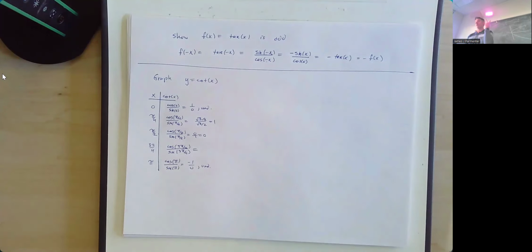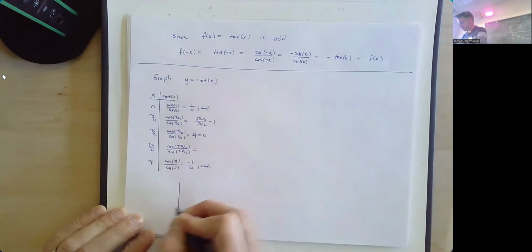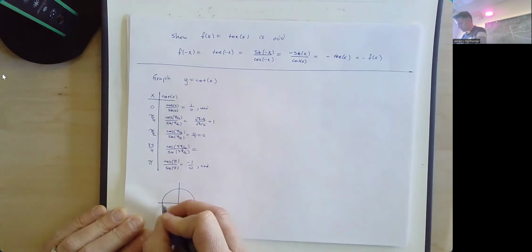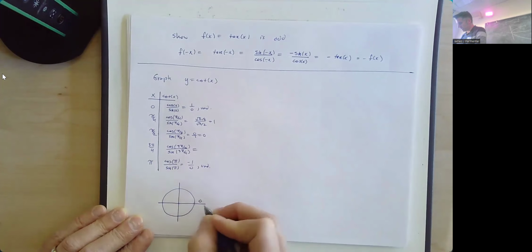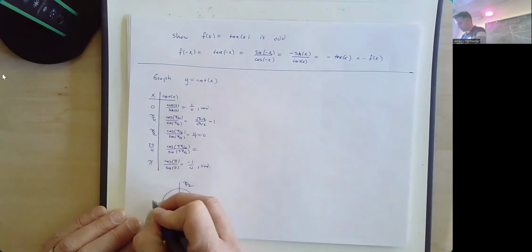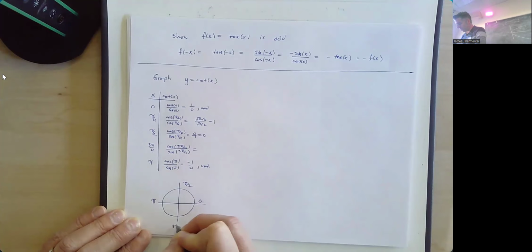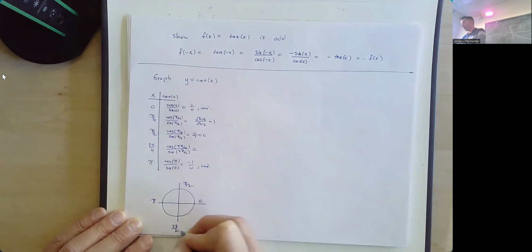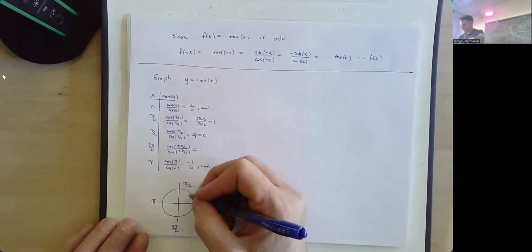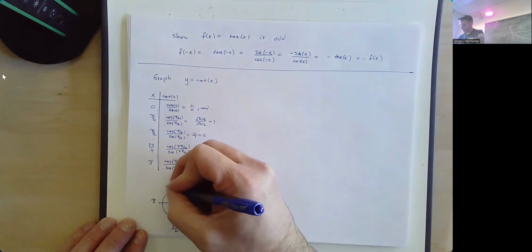It's in this quadrant. So 0 radians, pi over 2 radians, pi radians, 3 pi over 2, not 3 pi over 4. So 3 pi over 4 is not quite as big as pi.